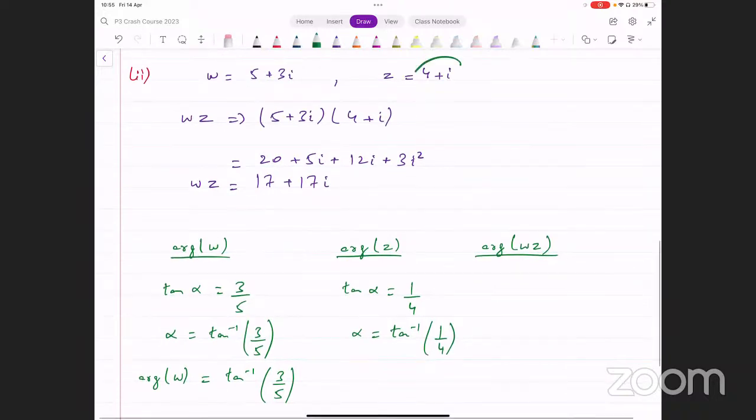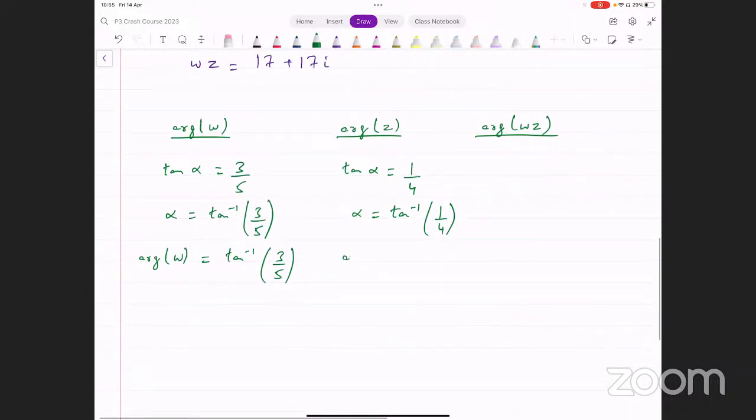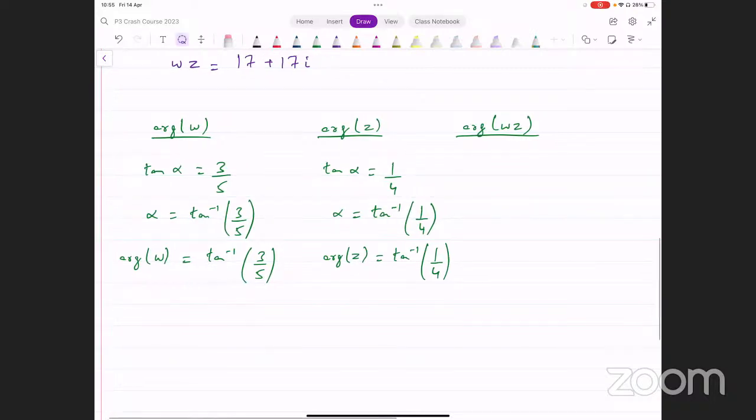Now, which quadrant is this number in? 4 plus iota. Real part is positive, imaginary part is positive. So it's the first quadrant as well. So the argument is just going to be this. Argument of Z is equal to tan inverse of 1 over 4. Okay, so we have the argument of Z as well now.